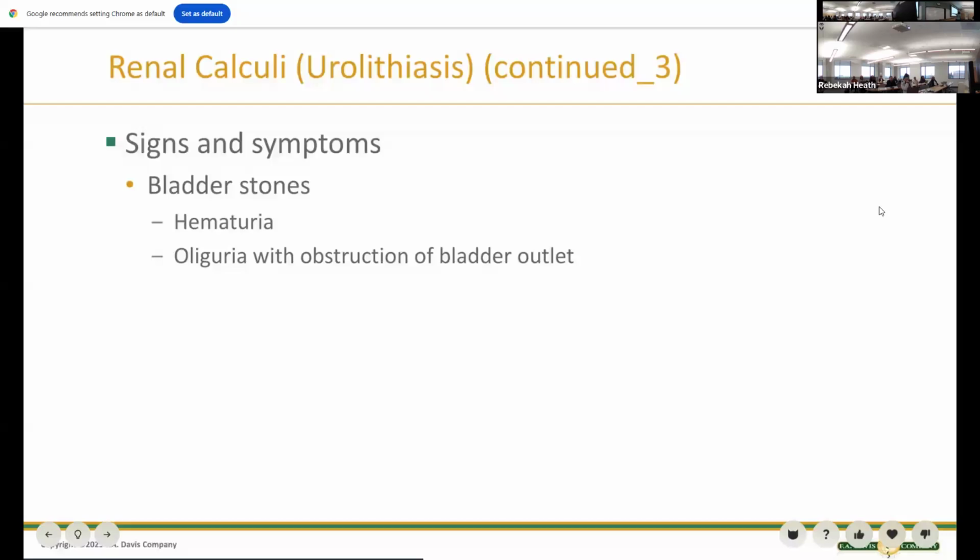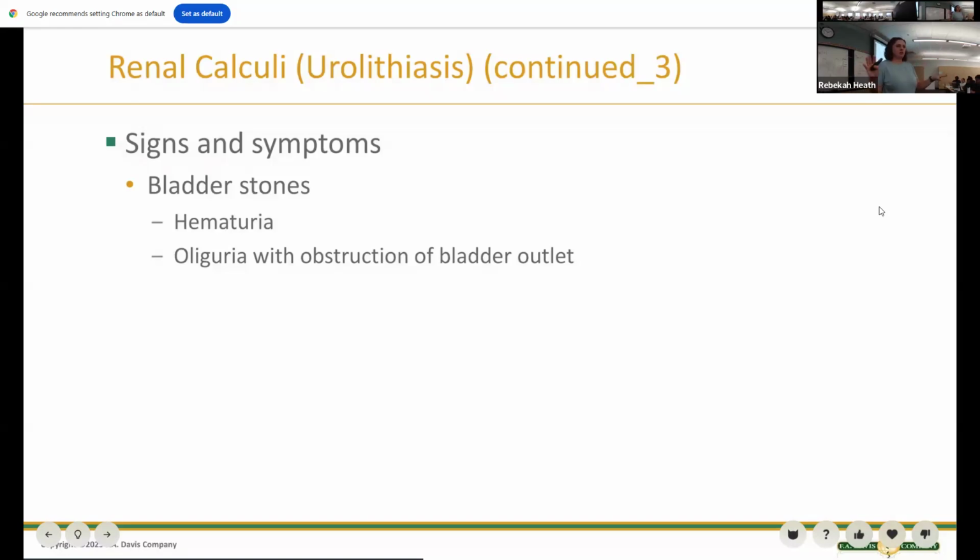We're all practicing together. If you have a bladder stone, usually it doesn't really affect patients too much. They might have a little bit of bleeding if that stone is causing some inflammation. The reason they'd have a lot of symptoms, which would be oliguria, which, what does oliguria mean? Yeah, no urine.